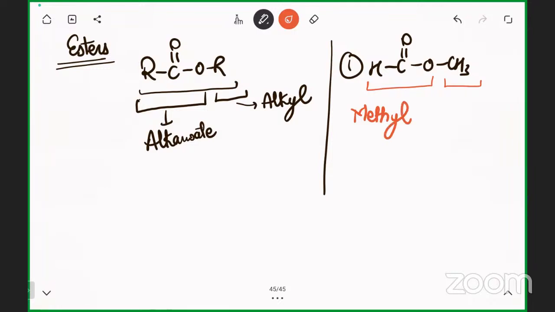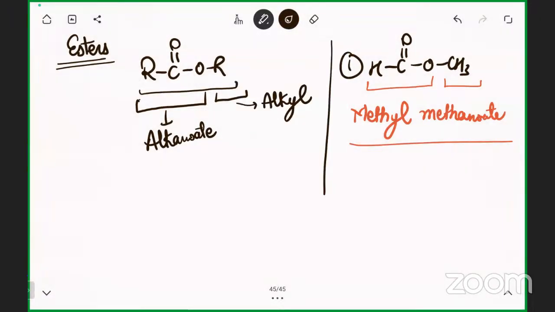In the rest portion, we have alkanoate. Again, how many carbons are present in the alkanoate portion? Only one carbon is present. So for that one carbon, we'll use again meth, followed by noate. That is called methyl methanoate. Clear?